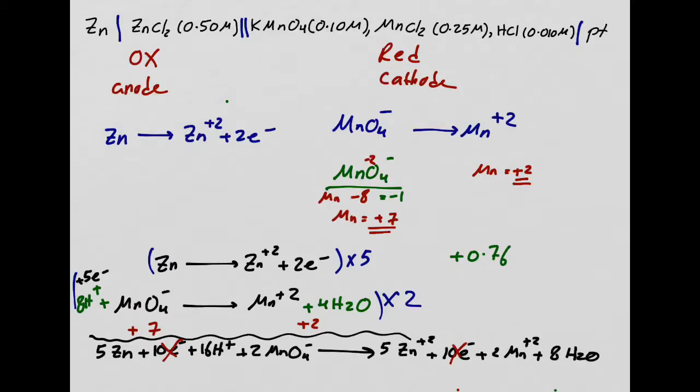And you can even find MnO4 going to Mn plus 2, and that one is already reduction. The number is 1.51. So if I add up these two together, I get 2.27 volt. Again, how did I get these numbers? The SRP table, right? Look at the SRP table to get these numbers.